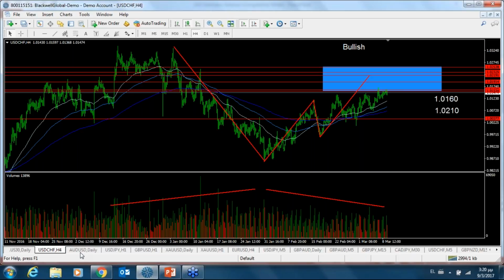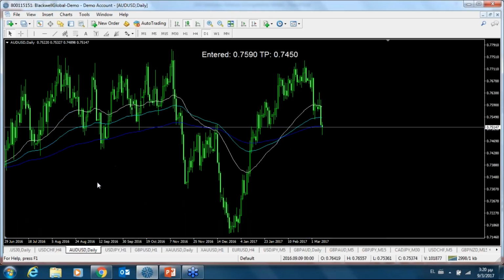Okay, now with the AUD USD, we have got a bit of a potential tip as well. Here, most traders or investors have actually entered. I think it is a bearish type opportunity or trade idea.